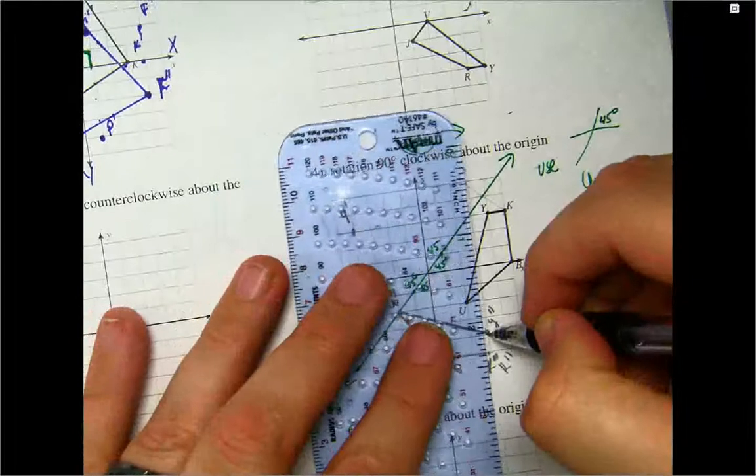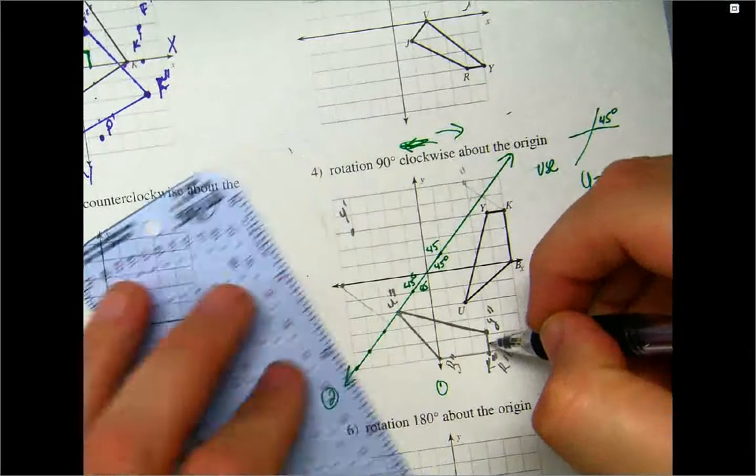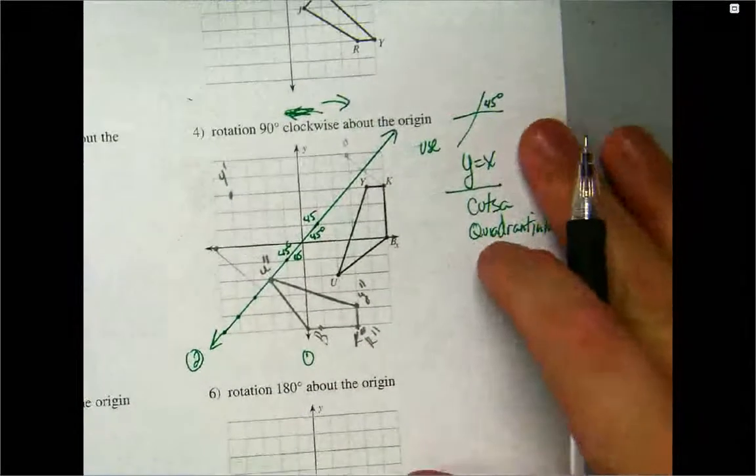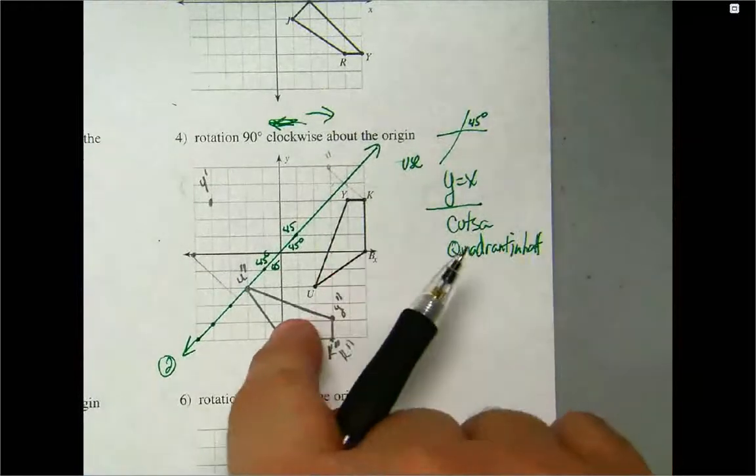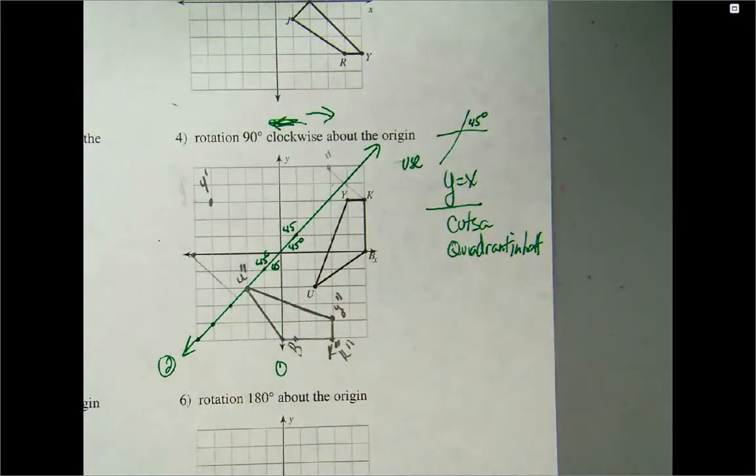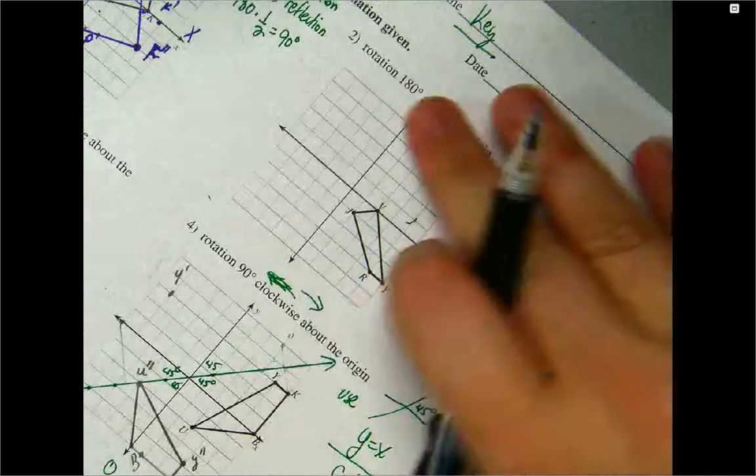Alright. So, does that look like it got rotated? Just 90 degrees. Basically went 90 degrees is going to be halfway there. Is that what it looked like?